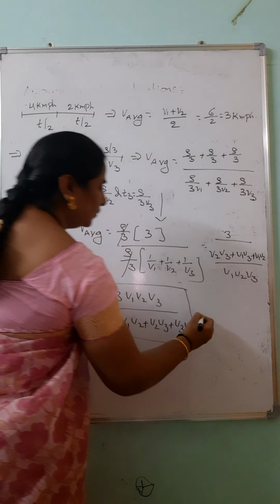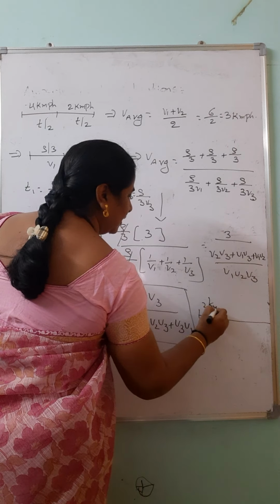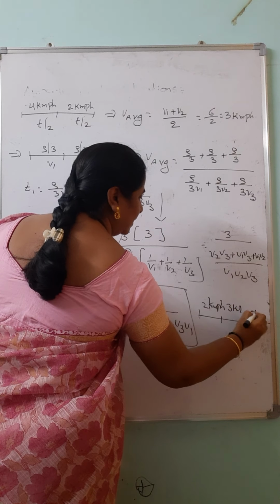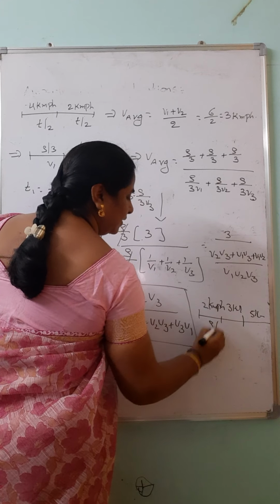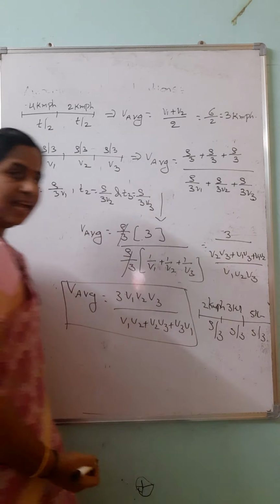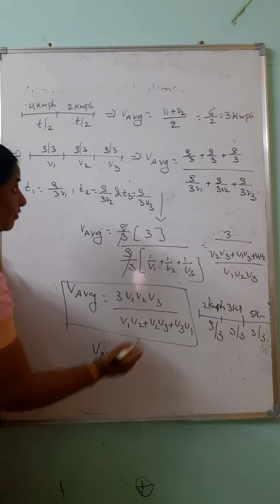If we want, we can take one example also. This is 2 kmph, this is 3 kmph and this is 5 kmph, each for one third of the distance. In this case, how do we find the average speed? V average equals, no need to do everything.